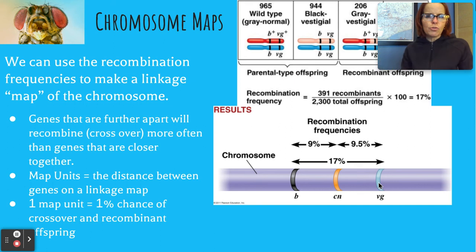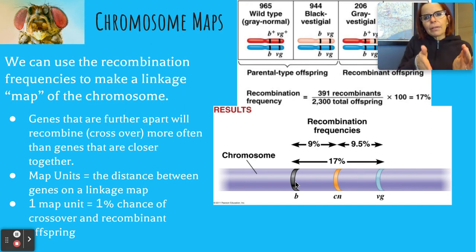So now if we were to do some more experiments, we would expect, it's never going to be perfect ever, but we would expect, for example, this, I think it's called cinnabar trait. I'm forgetting at the moment, but the CN trait, we'll just go with that. We would expect that if it's between the B and the VG, there would be less recombinant frequency between B and CN, and less between CN and VG than there is between B and VG, which are further apart.